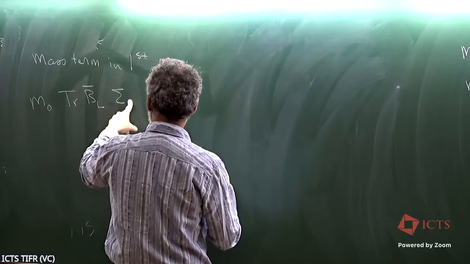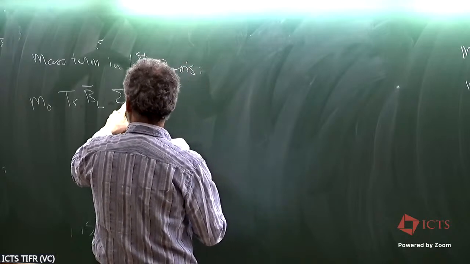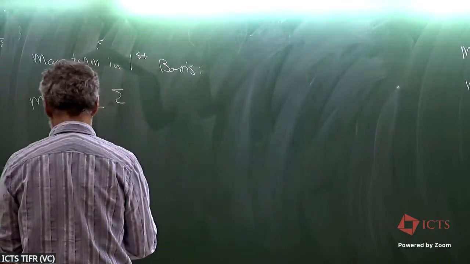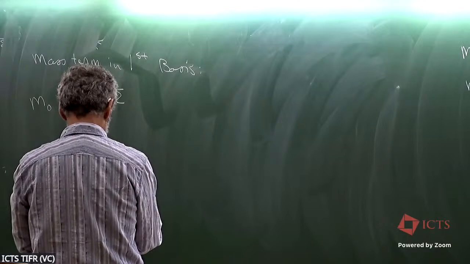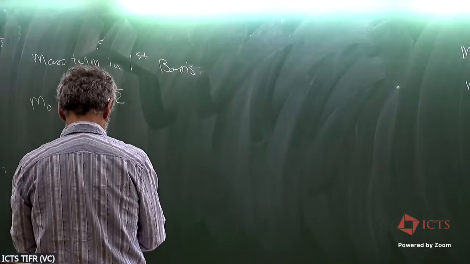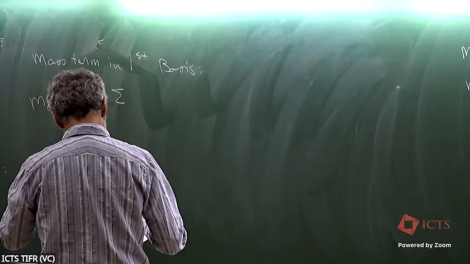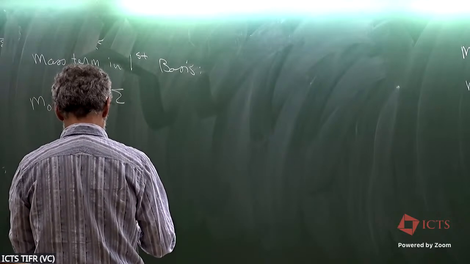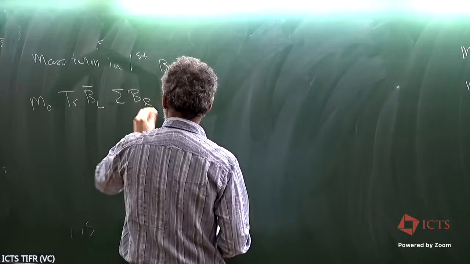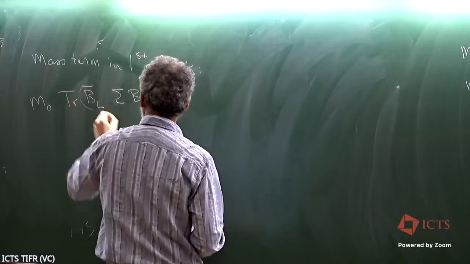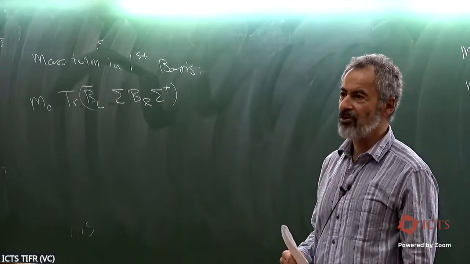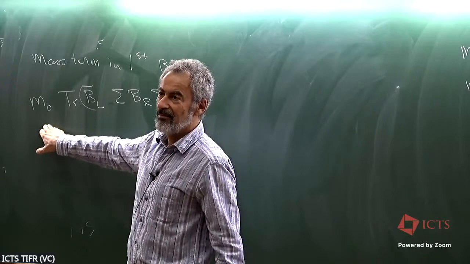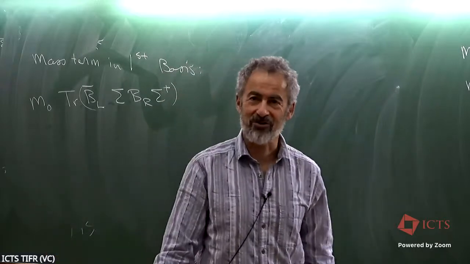That absorbs that L dagger and puts an R dagger here. Sorry, I have a typo in my notes, then I could put a sigma dagger here. I could write a mass term like that. Notice that I could write a mass term that doesn't have quark masses in it. The baryons are heavy, even if the quark masses are 0.